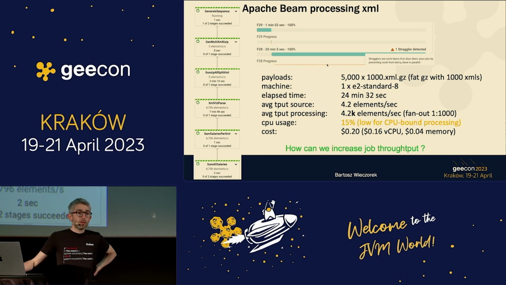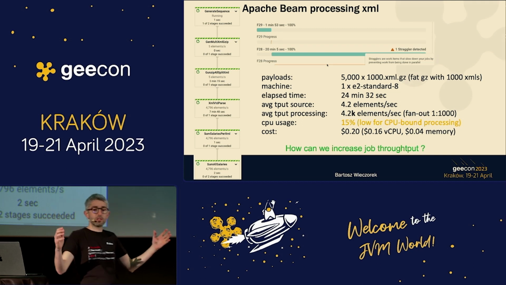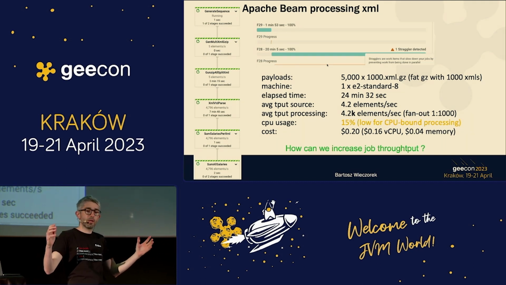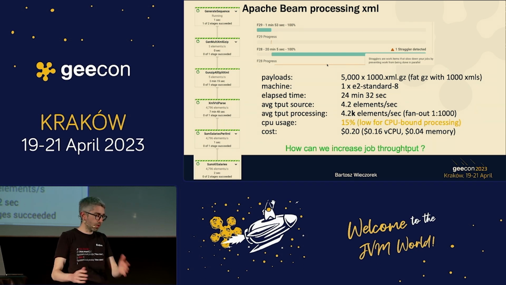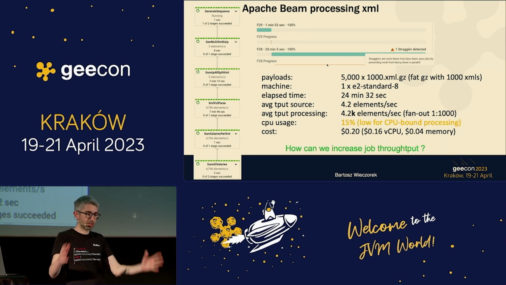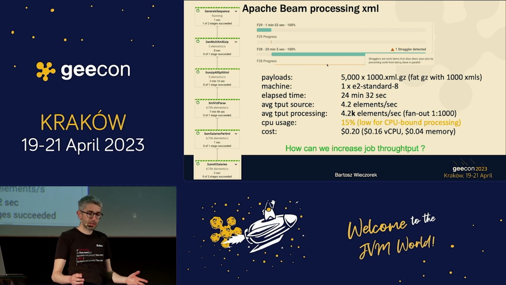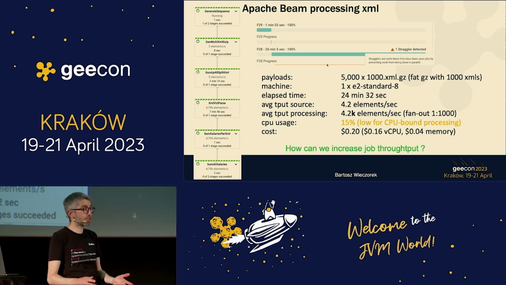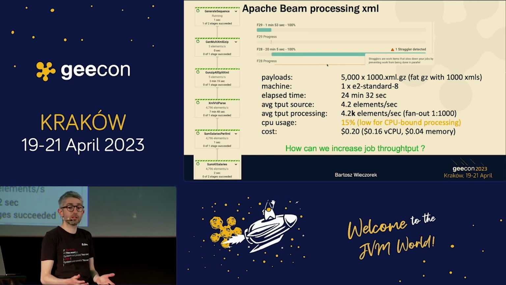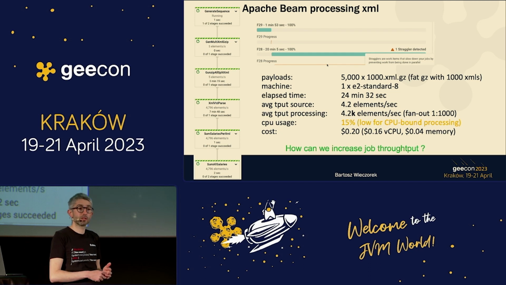is not splittable. So imagine you receive that huge fat gzip with 1,000 XMLs, and you've got your pipeline, your worker with Java threads running. One worker, so one thread gets the fat XMLs and tries to decompress it, and it's really slow because it's effectively single threaded, even though we have like 1,000 XMLs.